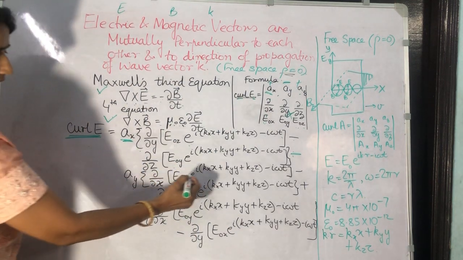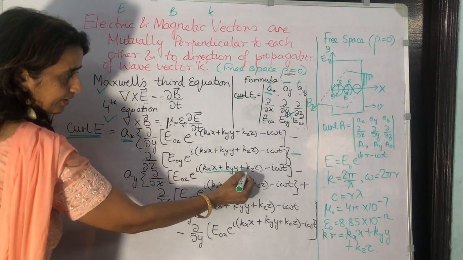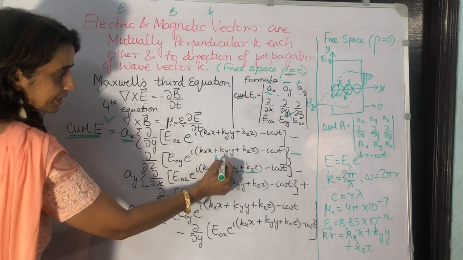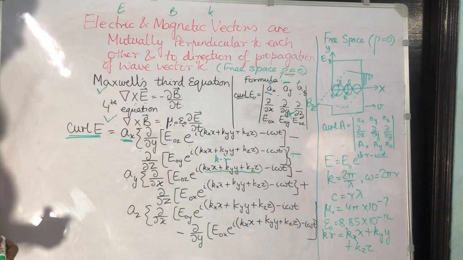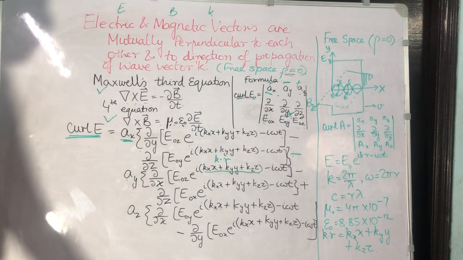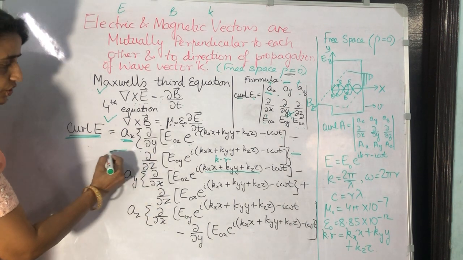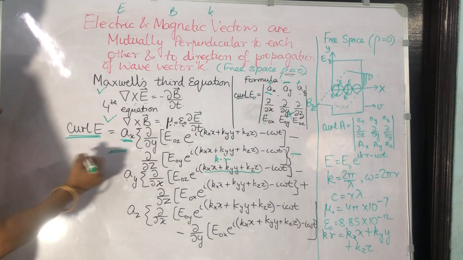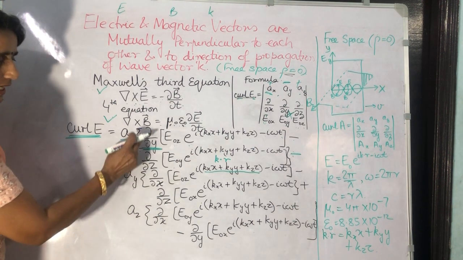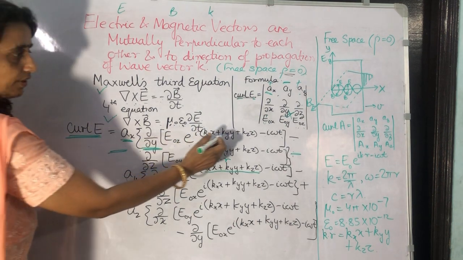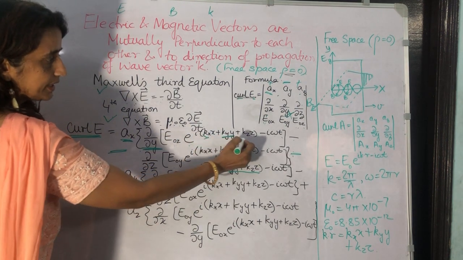First, kx x, ky y, kz z can also be written as k dot r, where r combines all the x, y and z components. Secondly, we will be differentiating this expression. So it is del by del y. When we differentiate this, we take this term, not this and this.